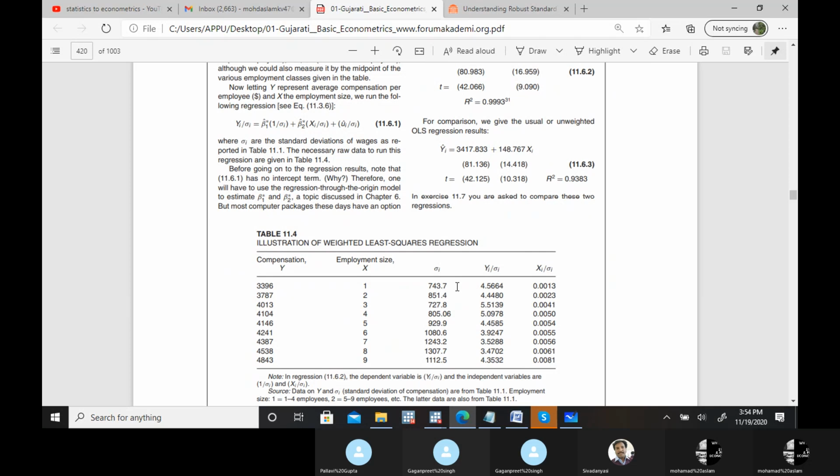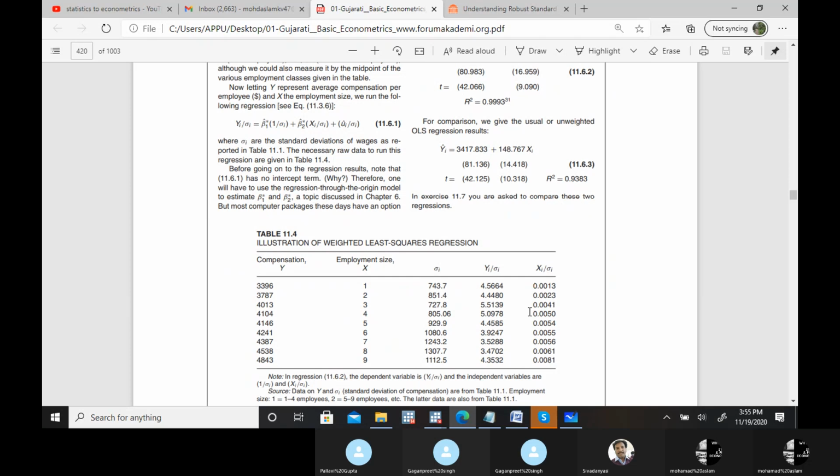Then you can't apply this. You can only apply it when the numbers of your dependent variable are in the form of averages. Then you can calculate the variances and divide with them. Then you have the case where variance is known. So the remedial measure is simple, just divide with that and you will get the solution.